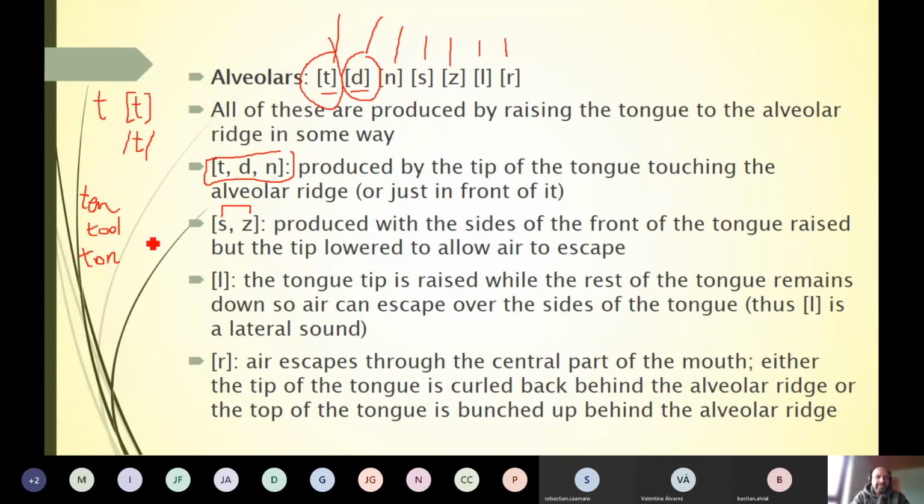Now, when I think about the same letter in Spanish, for example, I say tiene, or todo, okay.